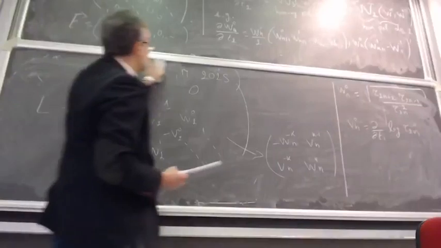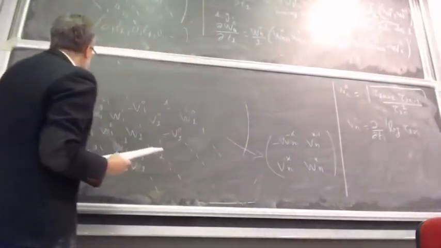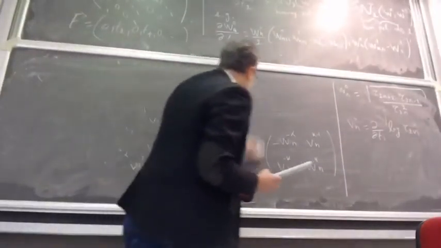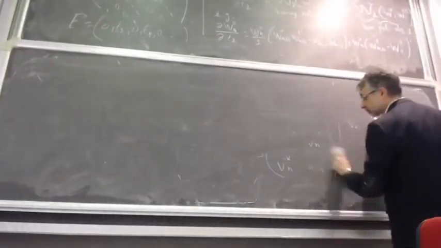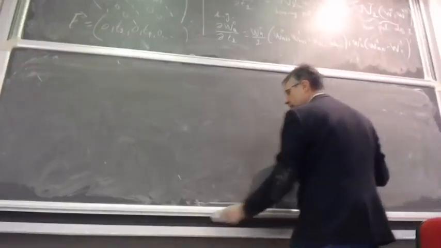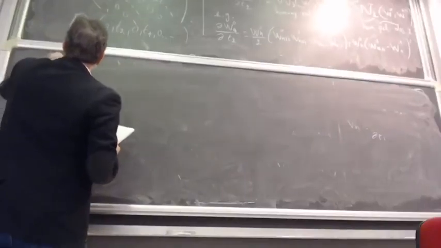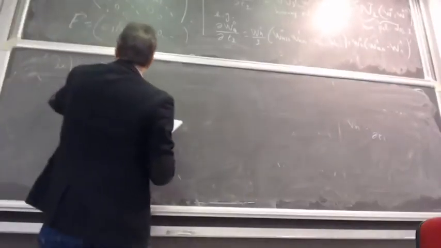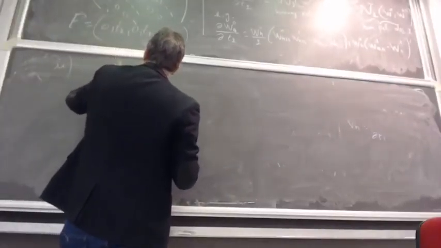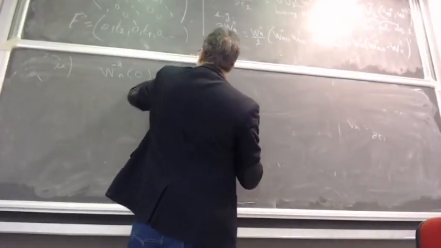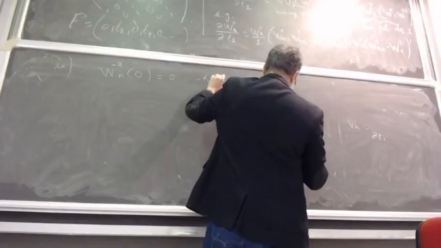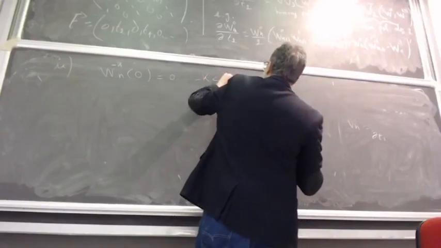And now the question is, what is the initial condition? What are the initial conditions associated to this? And so the second part of the theorem tells us that W minus k, n, 0 is equal to 0 for minus k less than minus 2.